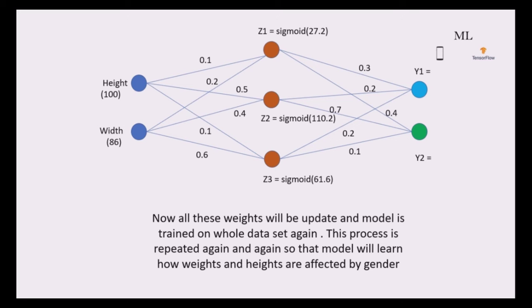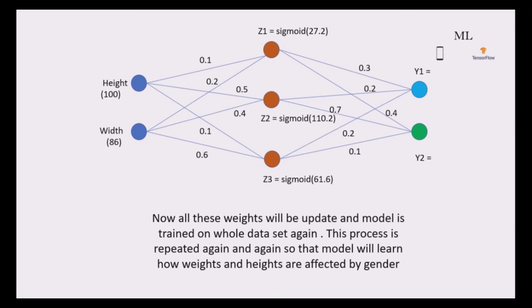Now all of these weights will be updated and the model is trained on the whole dataset again. This process is repeated again and again so that the model will learn how weight and height are affected by gender. As our model did not predict the correct gender the first time because it's not trained, now we will update these weights, the weights of the lines that connect these neurons, based upon the actual result, which is male, and the predicted result, female.